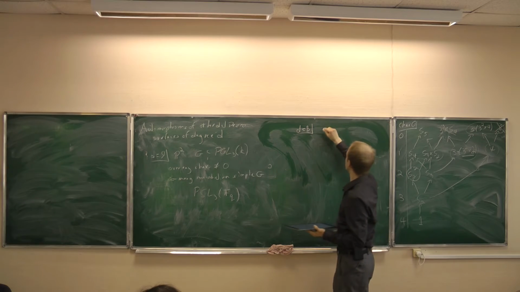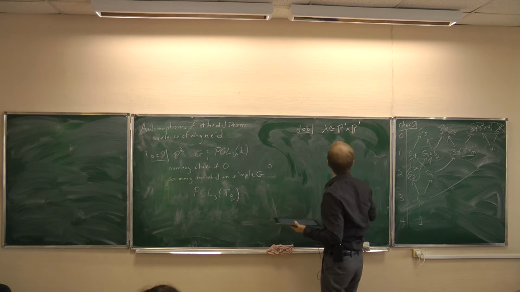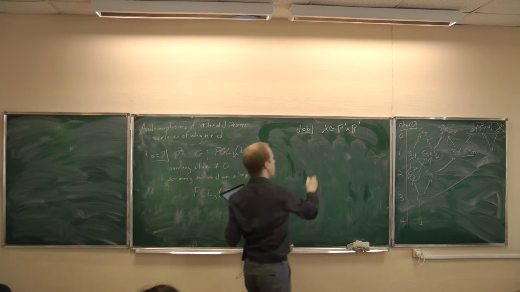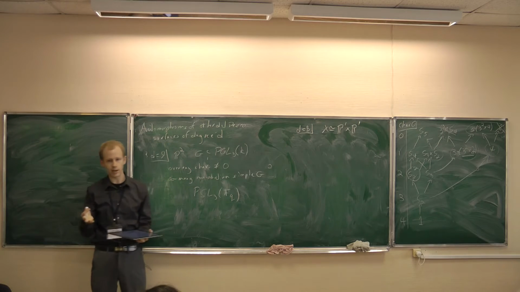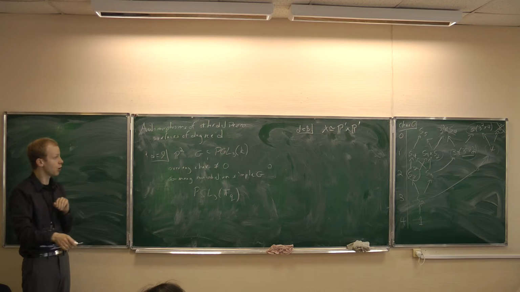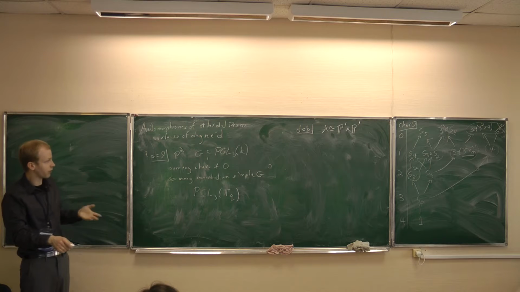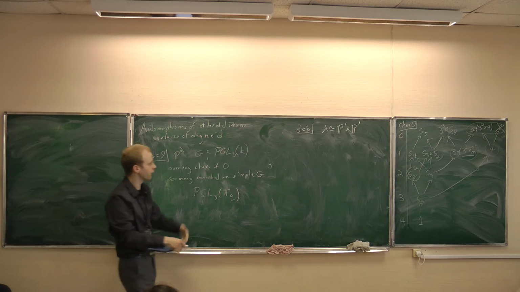So for a Del Pezzo surface of degree 8, there are 2 cases here. Either X is isomorphic to a product of projective lines, which we saw previously, or it's just P2 with one point blown up. But if you just blow up one point, then that's not minimal, and so you end up with subgroups of PGL3.